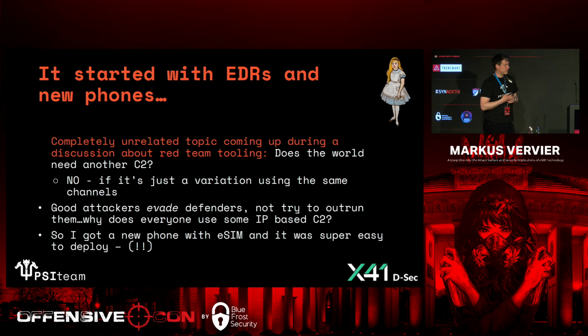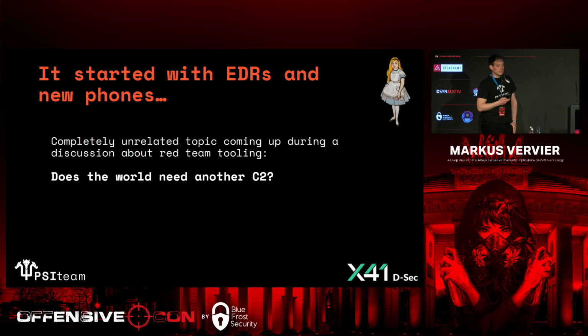So at one point, I got a new phone, and it has an eSIM, and it was super easy to deploy. And that got me thinking, does the world need another C2? And that's where the rabbit hole started.